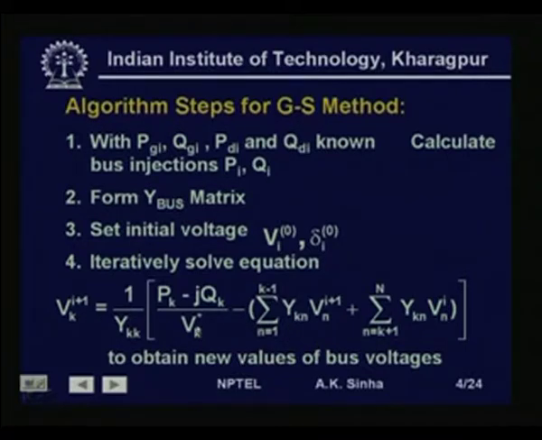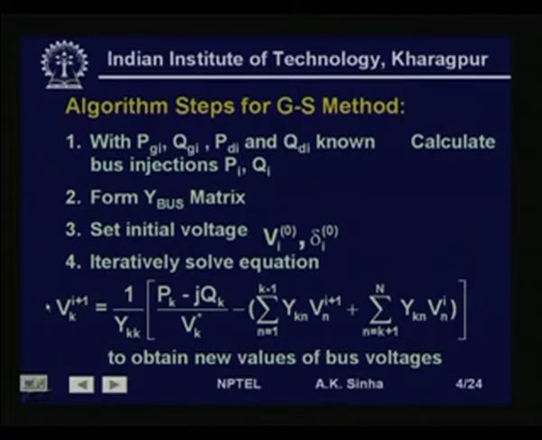So, in that case, for V1, V2, V3, V4 we will be putting the latest value, that is the i plus 1th iteration values, whereas for the other voltages, that is V6 to Vn, we will have only ith iteration values available. So, we will substitute those values and obtain the new value, that is at the i plus 1th iteration for V5.